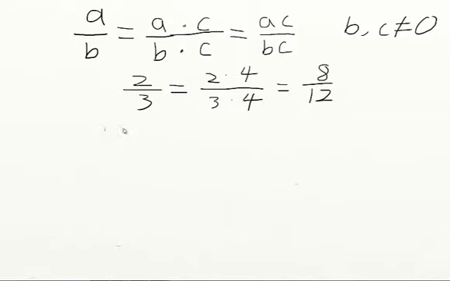Now for these multiplications, we can also utilize them on divisions. So for example, if we have a over b, same thing, if we divide by a number c, they will still be the same.